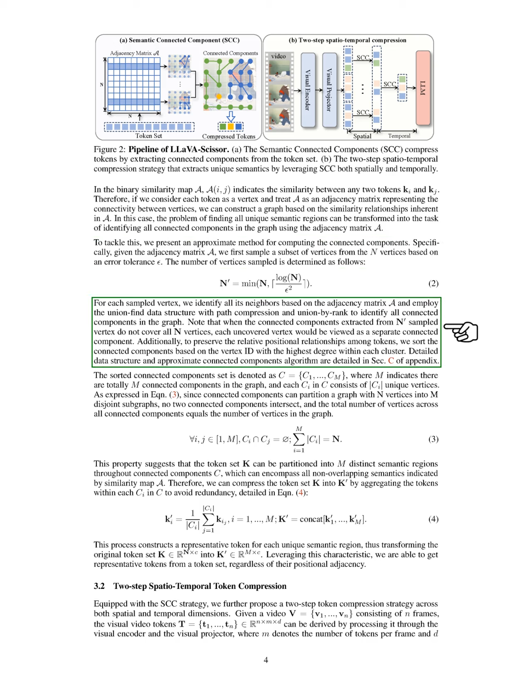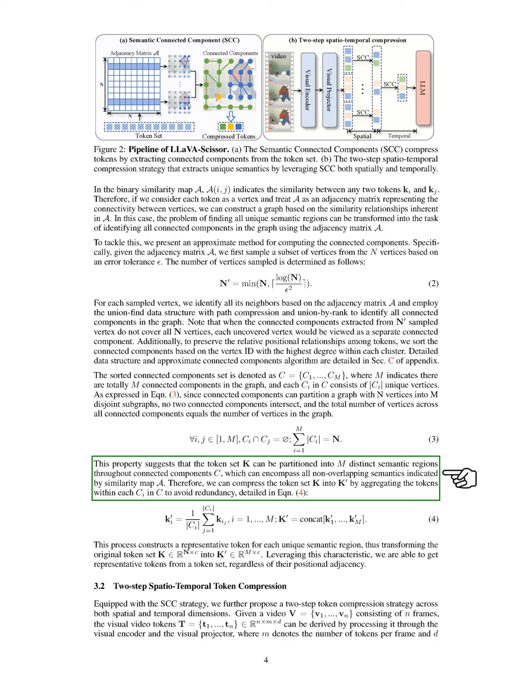For each sampled vertex, we find its neighbors and use a union-find structure to identify connected components. If some vertices are not covered by the sampled vertices, we treat each of those as separate components. We then sort these components to maintain the relative positions of the tokens. The sorted components represent distinct semantic regions, allowing us to compress the original token set by aggregating tokens within each component, resulting in a new, smaller set of tokens.